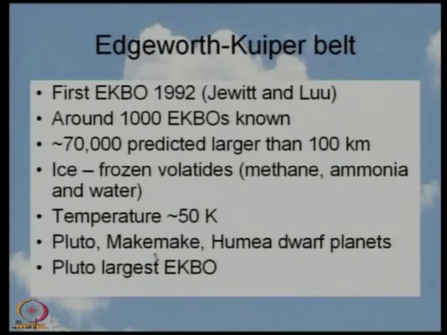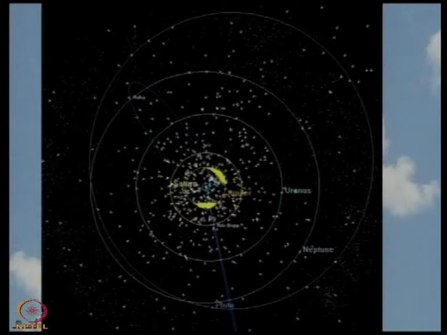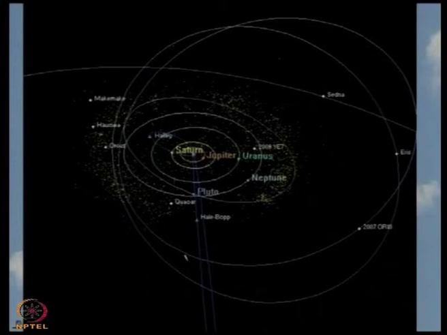These are called Makemake and Haumea. Haumea is spelled wrongly here. This picture also shows you Haumea and Makemake. This is Haumea over here, and this is Makemake.